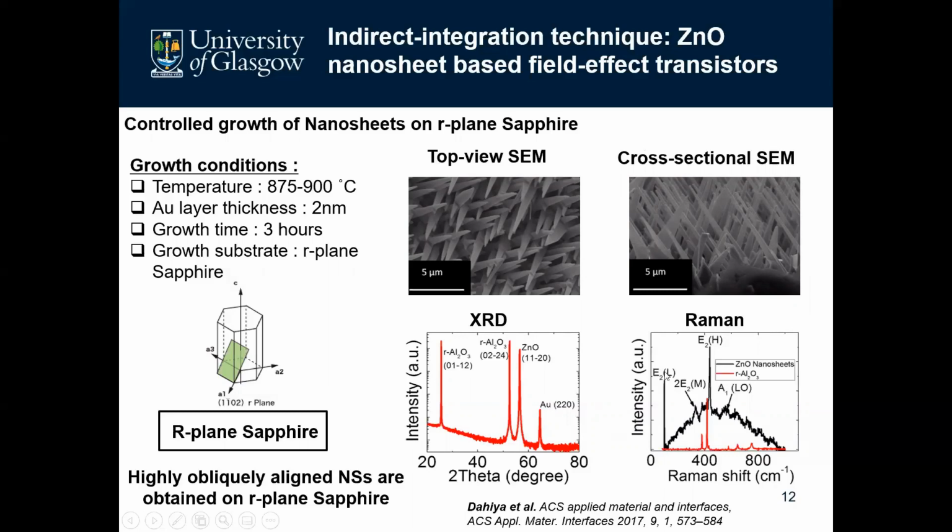The XRD and Raman spectroscopy confirmed the high crystalline quality of these nanosheets. The XRD also shows a highly epitaxial relation of this material with the R plane, where we can only see the plane corresponding to zinc oxide 1, 1, minus 2, 0.